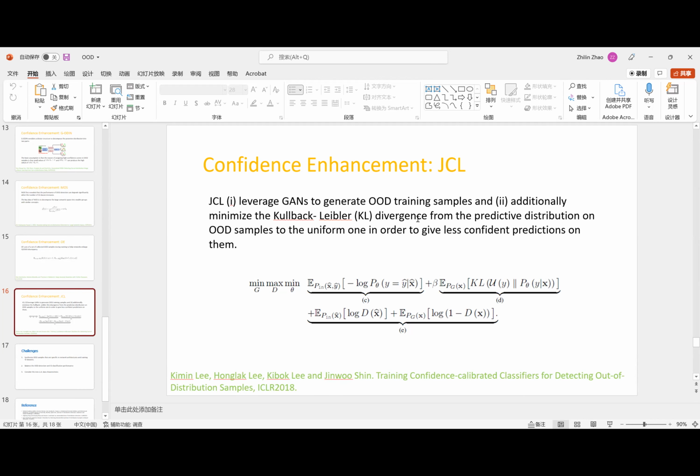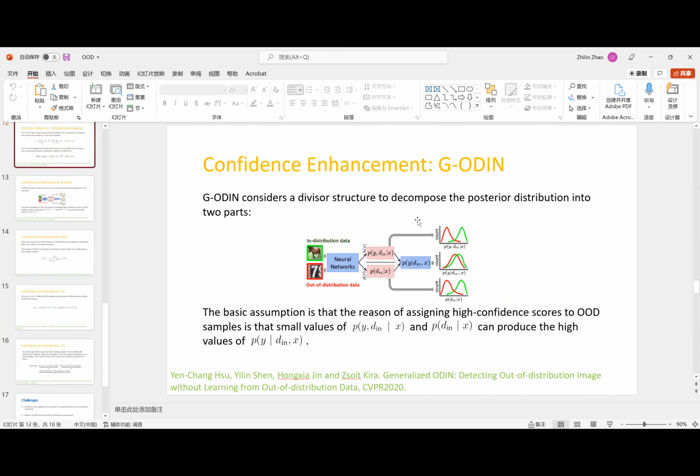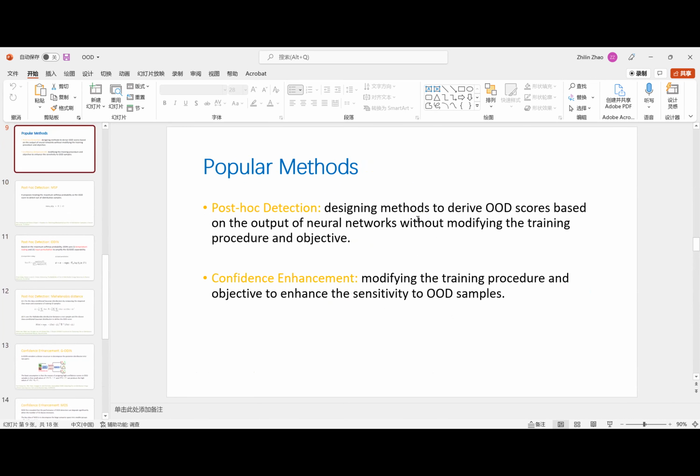Okay, let's have a short review. For the out-of-distribution task, we have two kinds of methods. The first kind is to design a detector for a pre-trained network without modifying your training procedure and objective function. The second kind is to modify the training procedure and the objective function to make your network more sensitive to OOD samples.